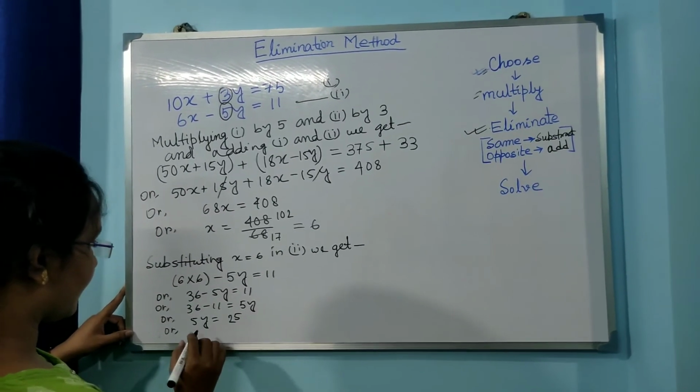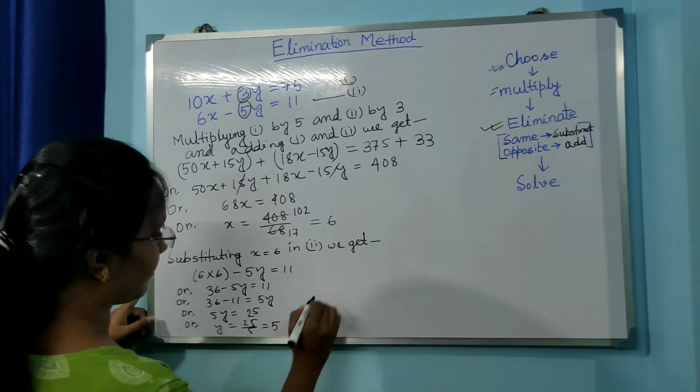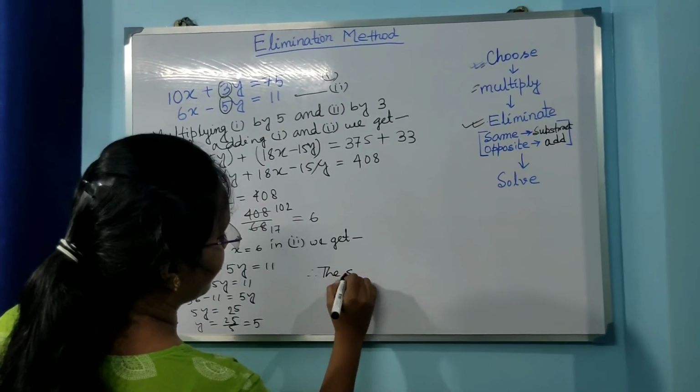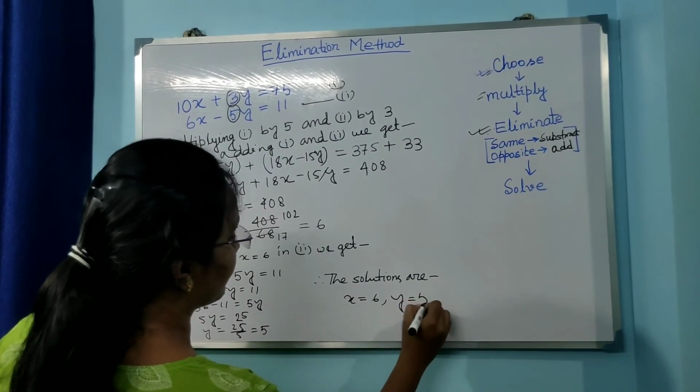It will give us y equals 25 upon 5, which is 5. So the solutions are x equals 6 and y equals 5.